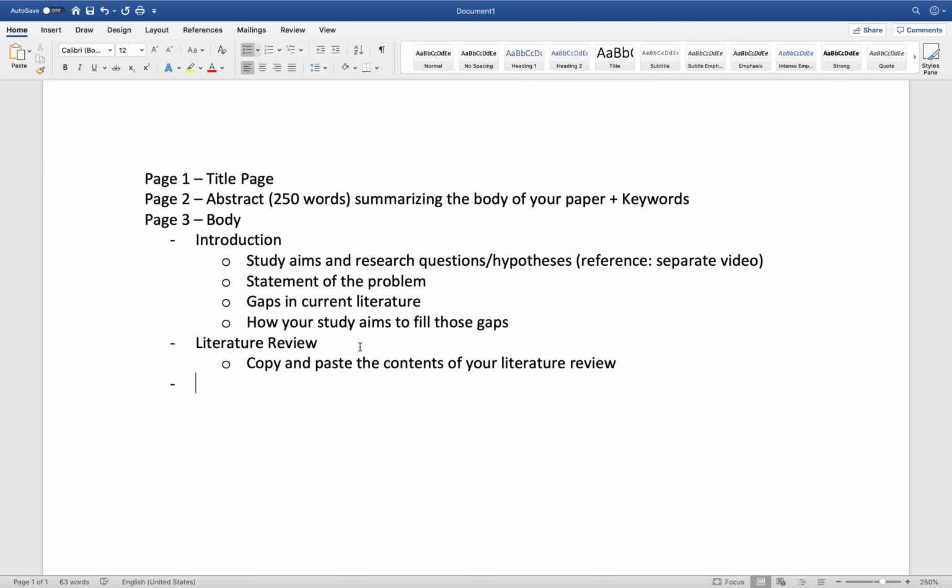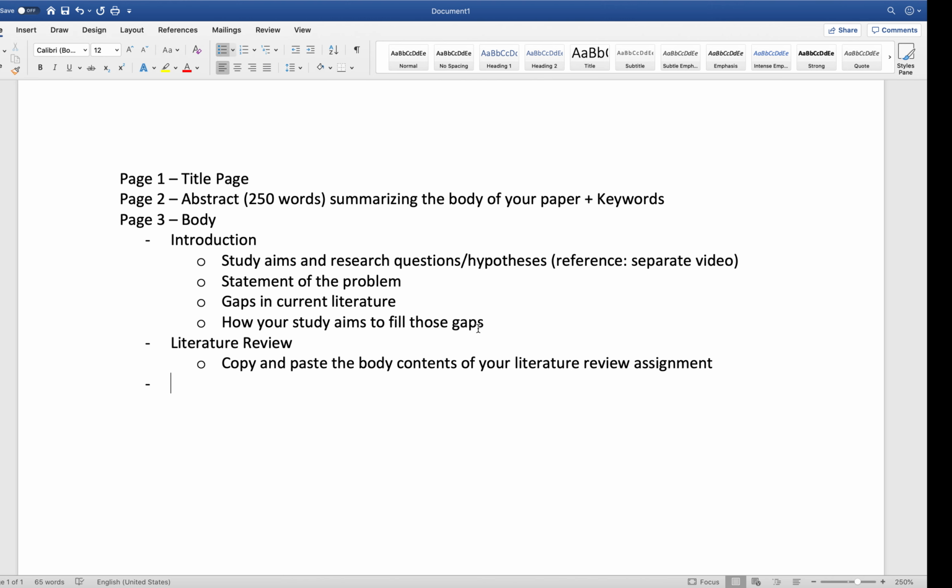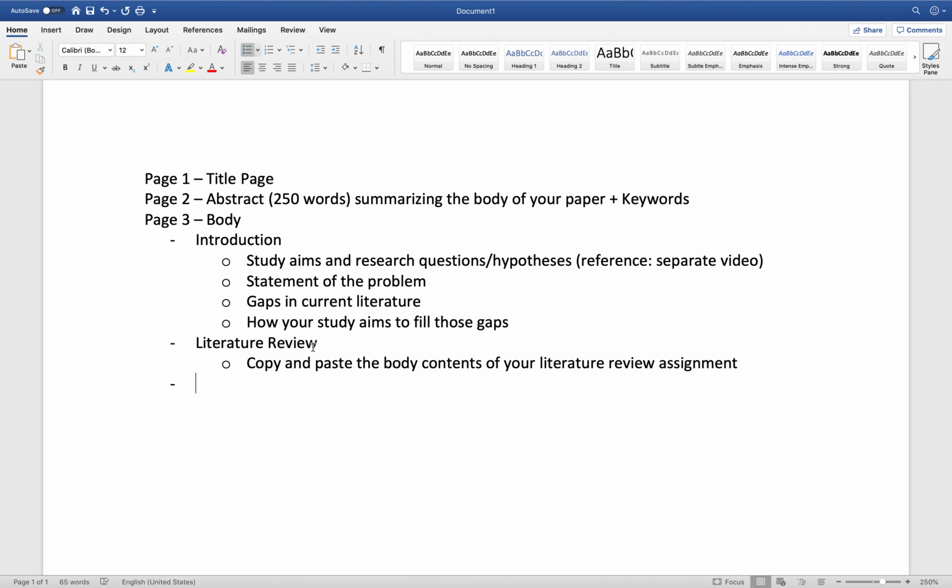Remember not to have a new title page, not to have a separate abstract. You're just taking the body contents of your literature review assignment. And that'll complete that particular bullet point.